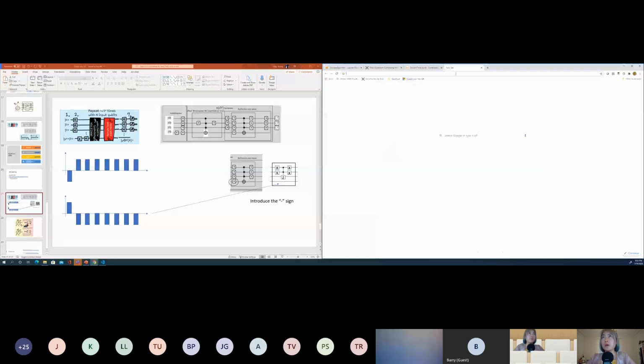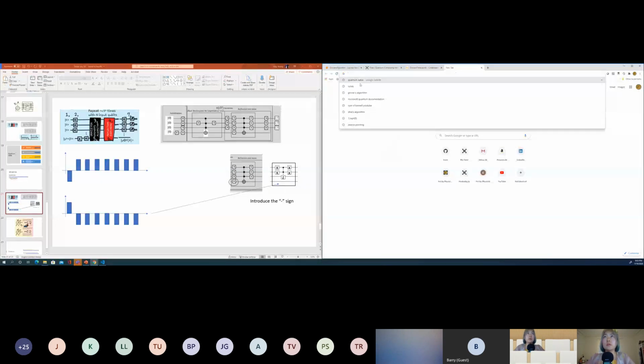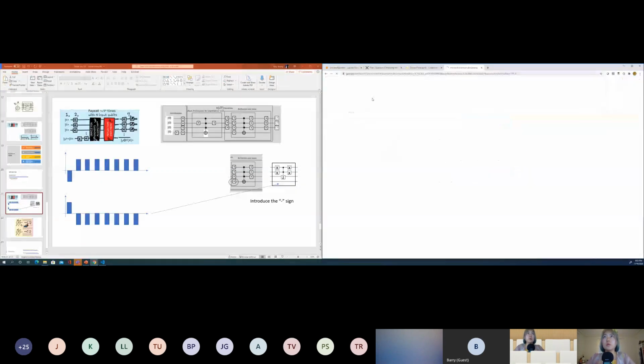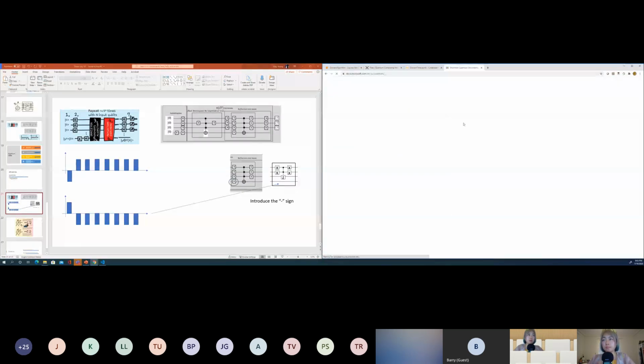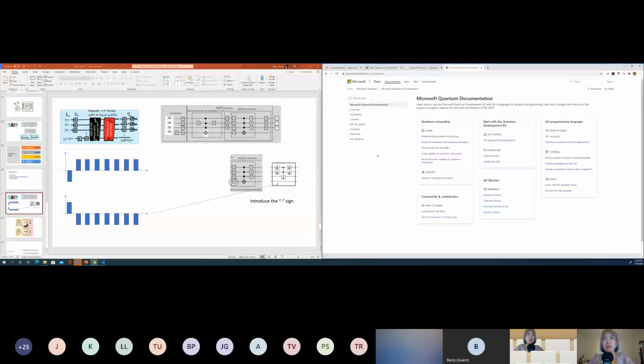And how do we find out what these all mean? We can go to the Microsoft Quantum documentation page. That's where you can find all the APIs about Q#. If I put apply to each, there is apply to each without anything, and the A and C variants.